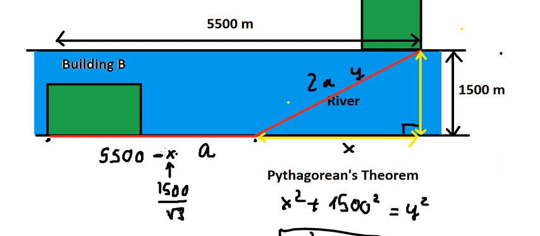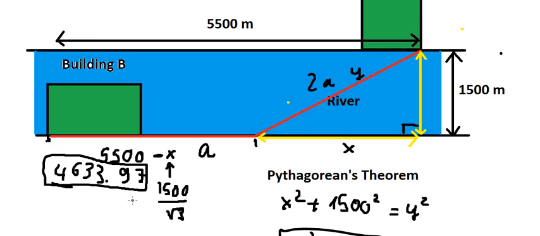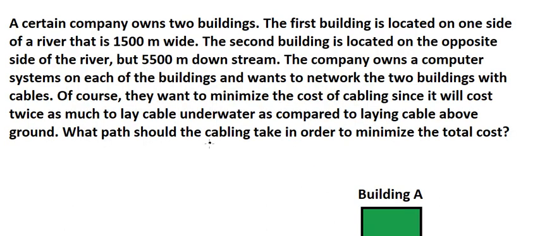So the cable on the river should be set up at 4633.97. From here to here, we need to set up this number. Later we can get the minimum total cost.